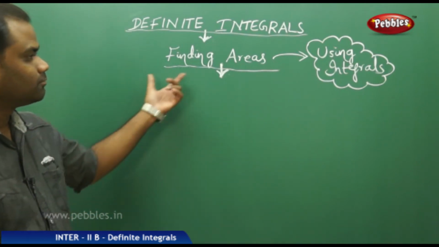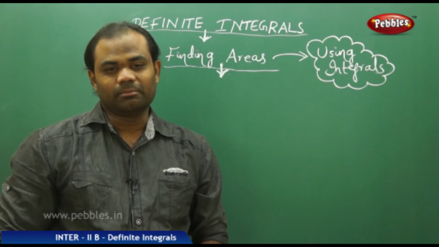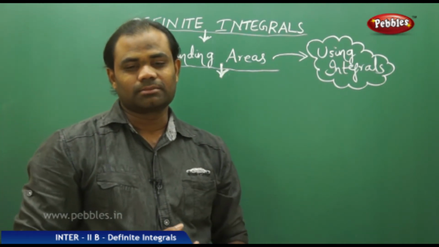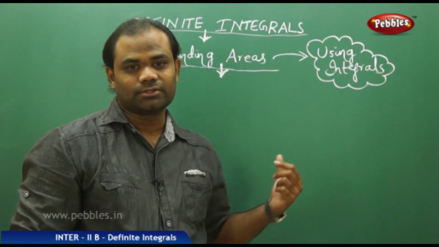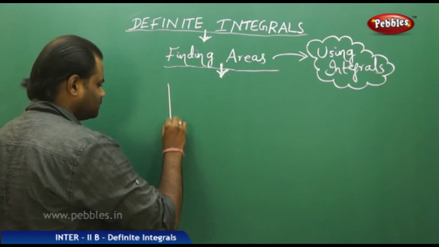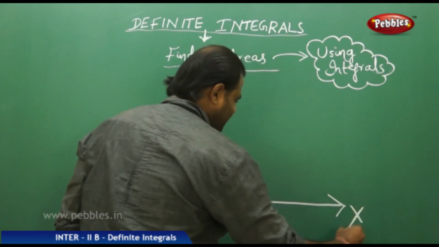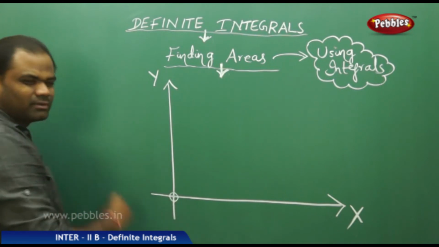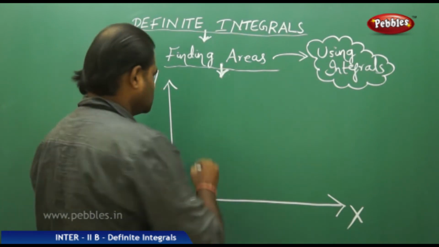Now let's see about finding areas using integrals. As we know, one of the main applications of integrals is in finding areas, and the question comes on how we apply the process in finding the area using integrals. Say, for example, I have my x-axis and my y-axis, and say this is the origin, and I have 2 curves.